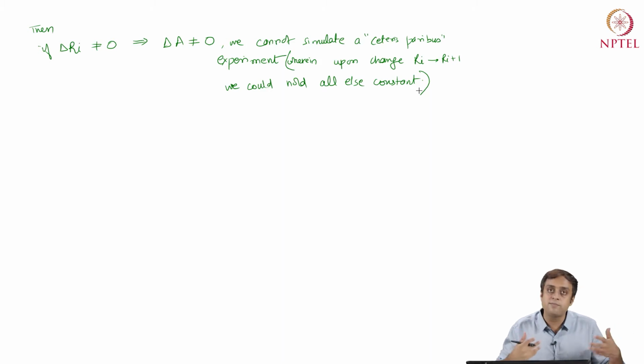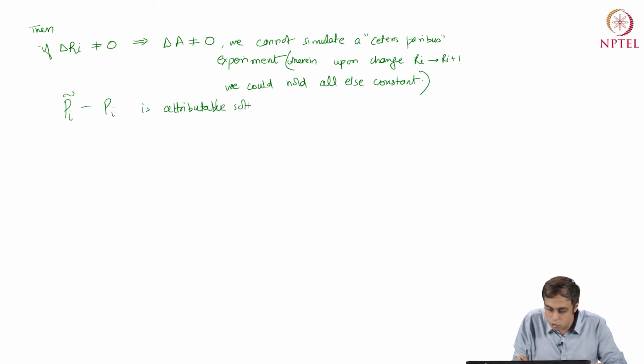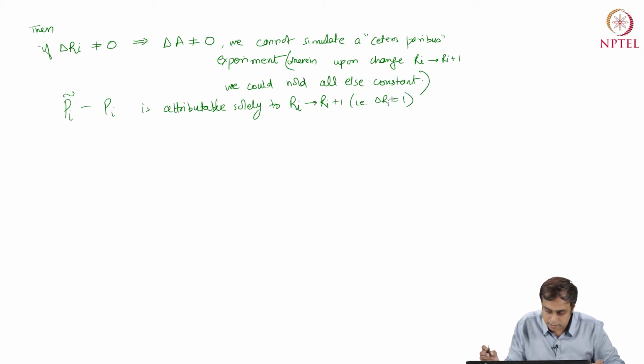Okay, so we have seen this formulation that if I have a change Pi tilde minus Pi, it is attributable solely to Ri changing to Ri plus 1, that is delta Ri equals 1, only if correlation of Ri and Ai were 0.